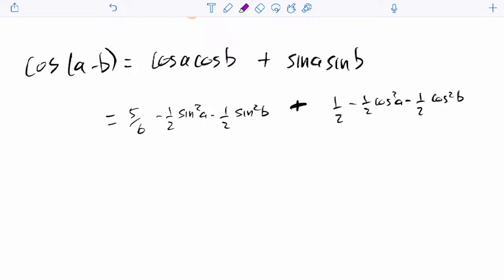So what happens here? Minus 1/2 sine squared A minus 1/2 cos squared A. Those can be put together. And minus 1/2 sine squared B and minus 1/2 cos squared B can be put together. Right? Your identity works there.